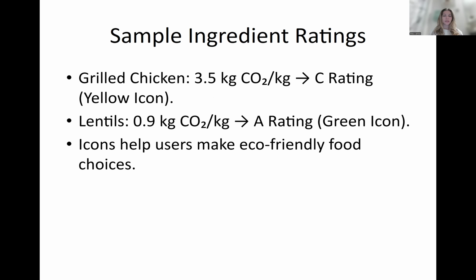We have lentils, which is at 0.9 kilograms of CO2 per kilogram, which is an A rating. This would be the dark green icon, I believe. And like I said, it's the highest rating, so the healthiest that you can get. These icons help users make more eco-friendly food choices.